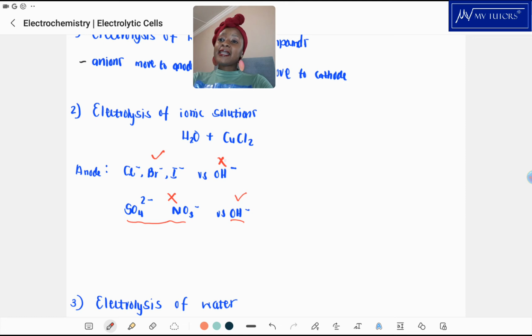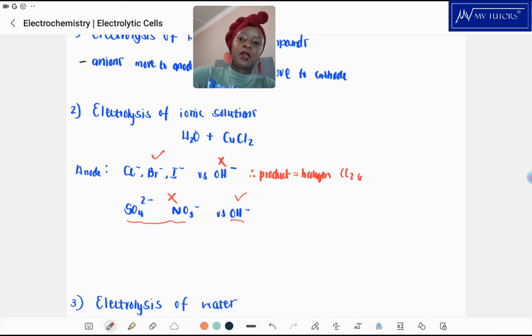And what would be the product? Therefore the product would be a halogen. Your chloride would then become Cl2 and probably in a gas phase. So that's what I mean by a halogen will form.